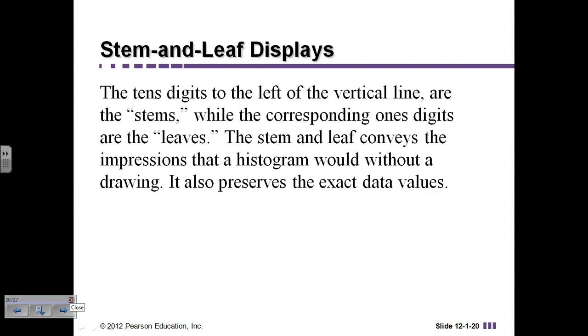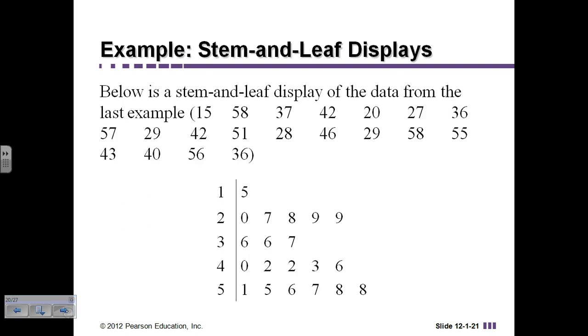Okay, so then another option that you'll see, and probably seen this at some point in time, is a stem and leaf plot or stem and leaf diagram. And what they refer to is the stem is the tens place of the number that you're looking at, and the leaves are the ones places. And so what we do is we take our stems and we list them down the left.